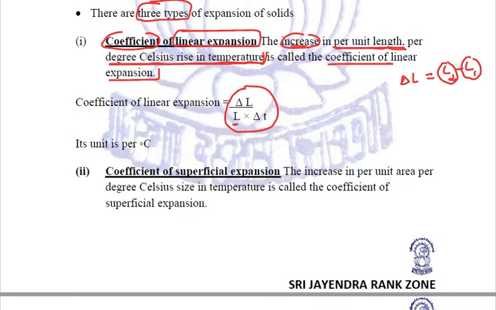Divided by L, the original length, multiplied by the change in temperature. So this is how we'll be calculating the coefficient of linear expansion.